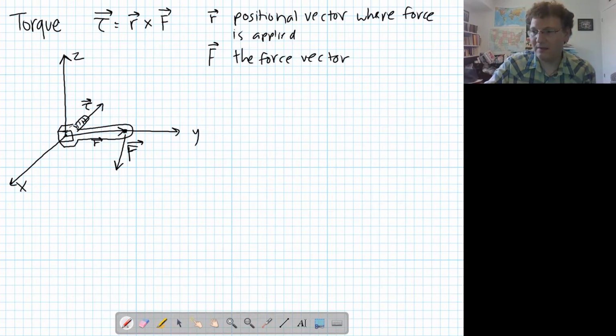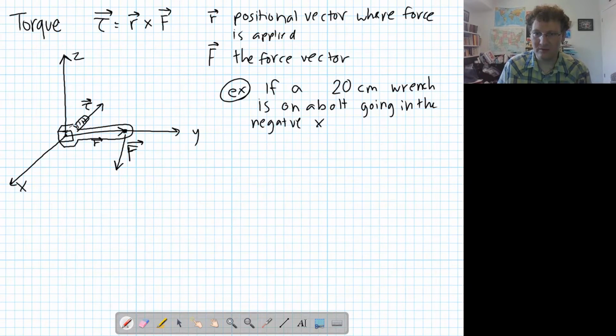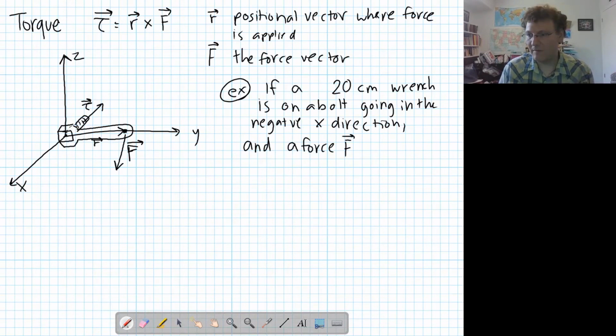For example, let's say a 20 centimeter wrench is on a bolt going in the negative x direction, as I've pictured here, and let's say a force of 0, 3, minus 4 is applied, in newtons.